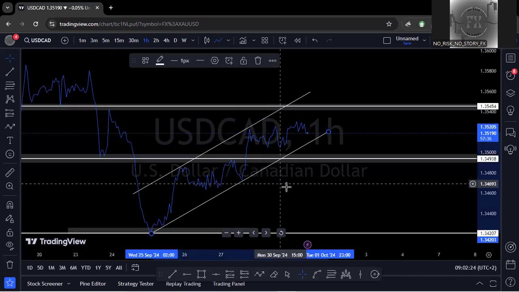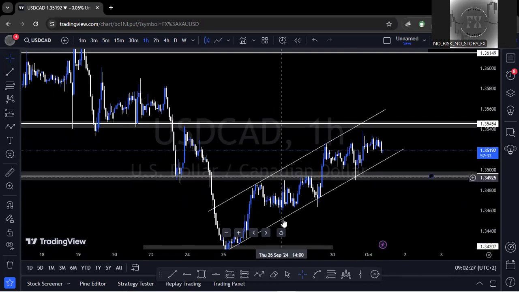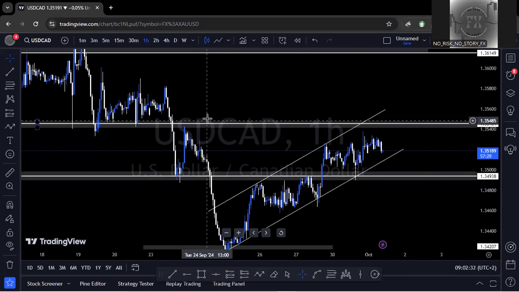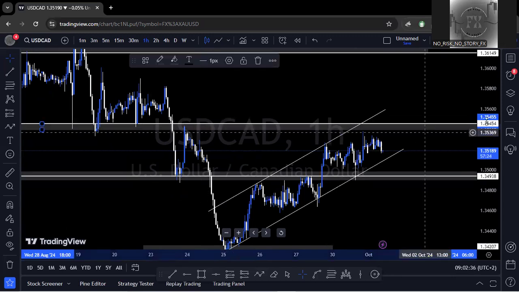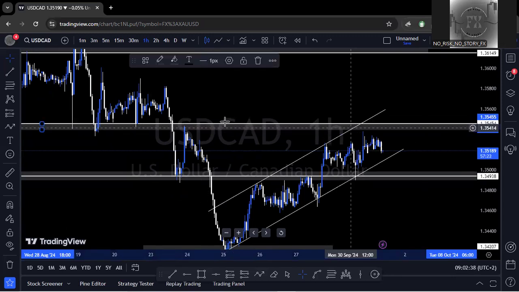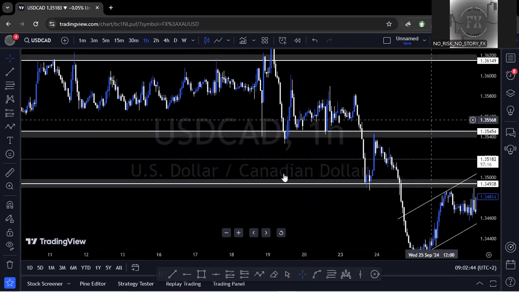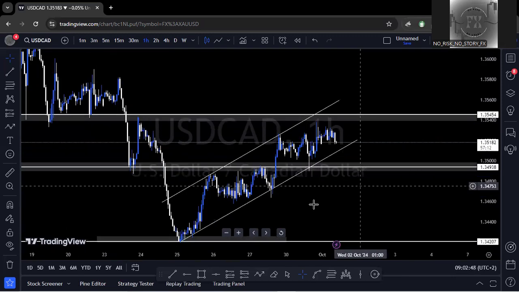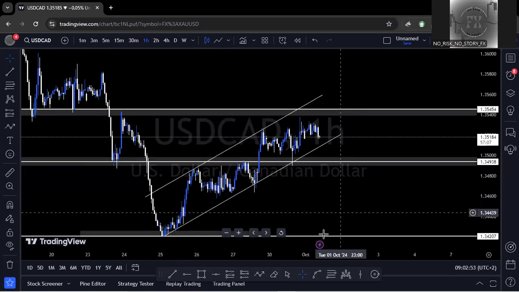Currently in this looking bullish trend right here. And I like to also adjust this one somewhere around here. So yeah, I think we're fine. So as we're in this bullish trend, right? Two things can happen here.